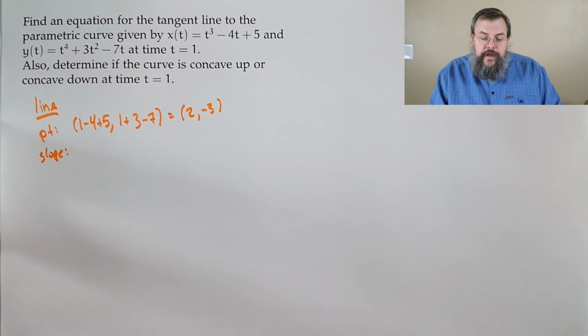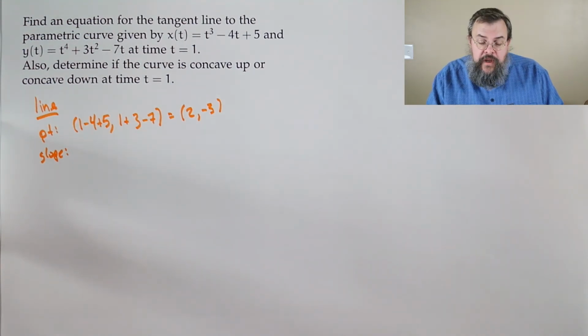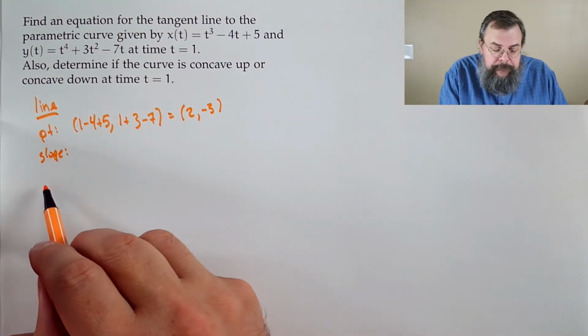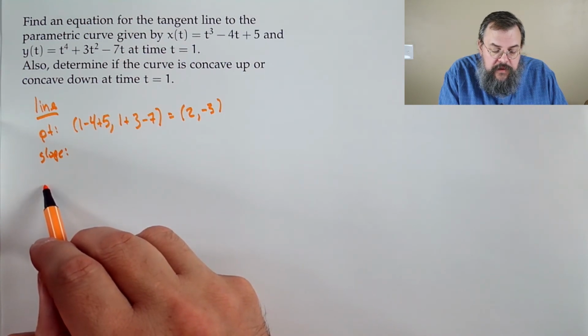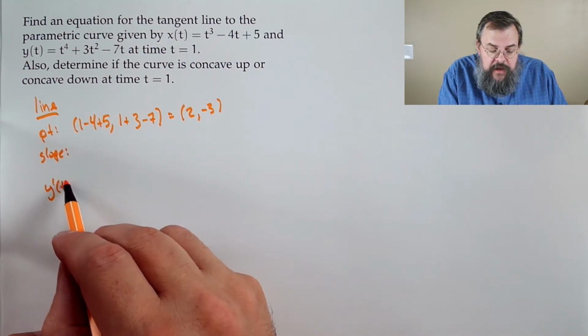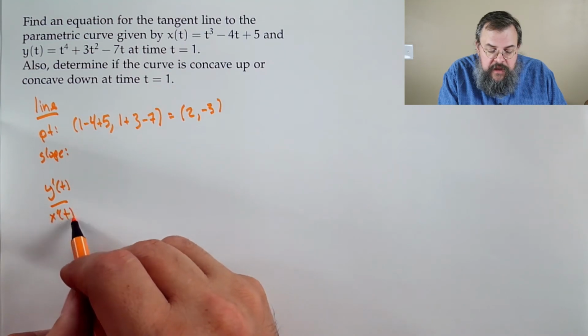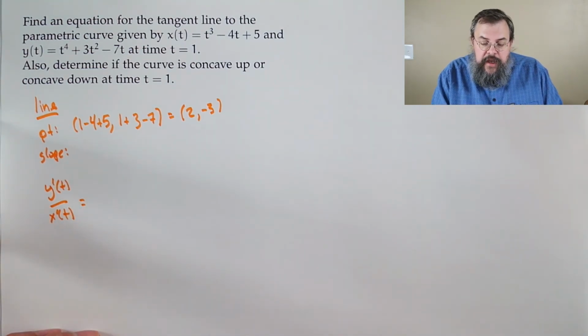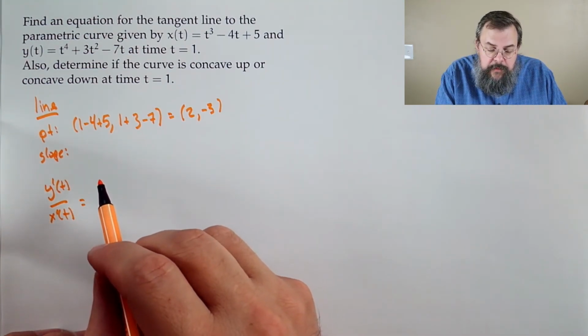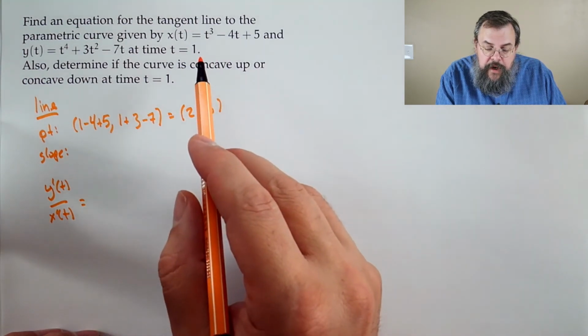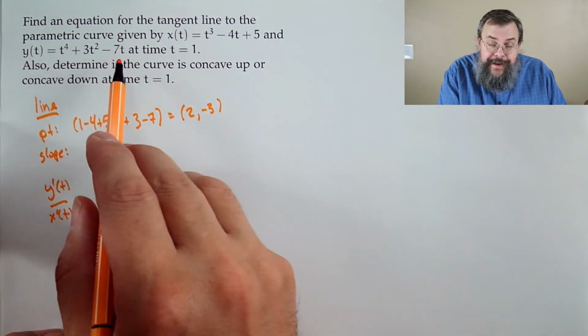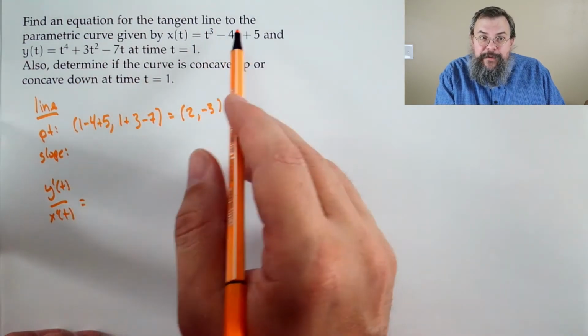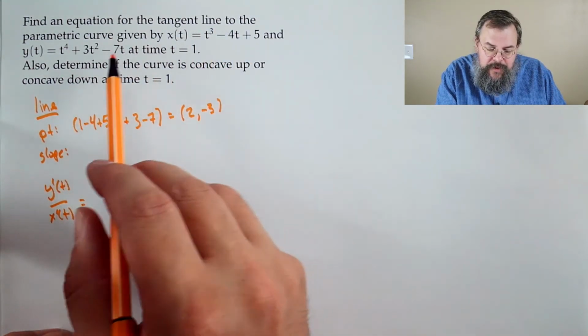How about for our slope? For our slope, it is y prime of t over x prime of t. So what does that become? Well, that's going to become y prime. There's y prime. Got to be careful. I often confuse which one is y and which one is x.